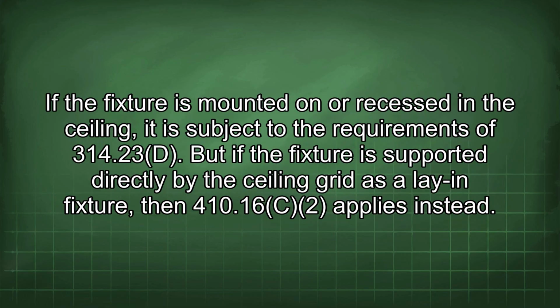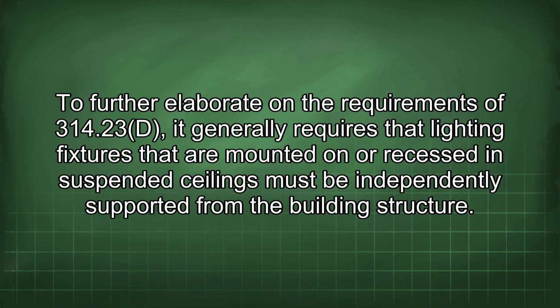If the fixture is mounted on or recessed in the ceiling, it is subject to the requirements of 314.23d. But if the fixture is supported directly by the ceiling grid as a lay-in fixture, then 410.16c2 applies instead. To further elaborate on the requirements of 314.23d, it generally requires that lighting fixtures that are mounted on or recessed in suspended ceilings must be independently supported from the building structure.